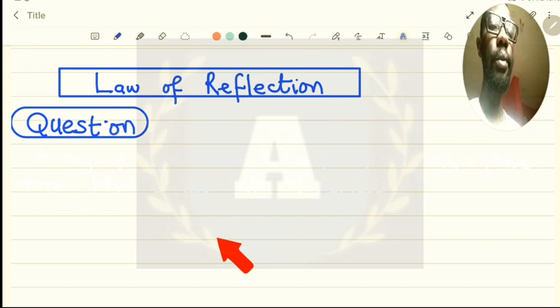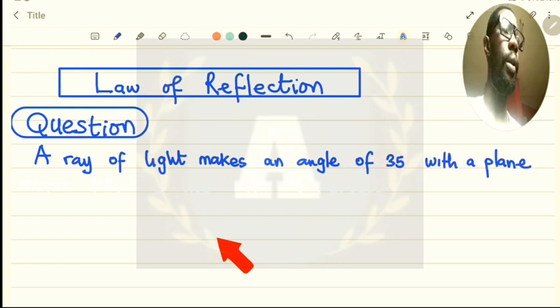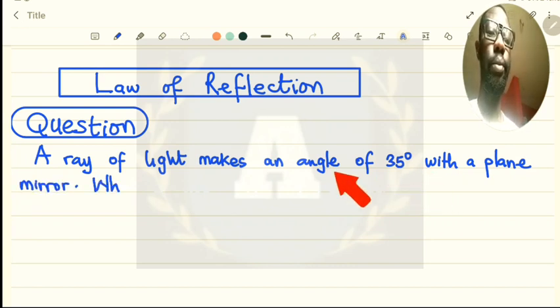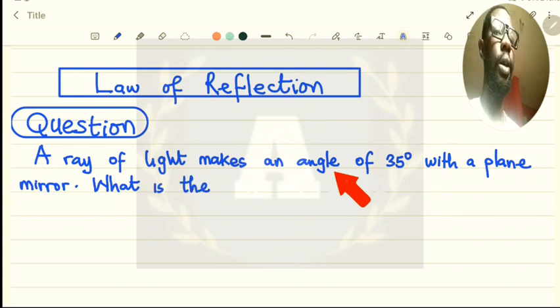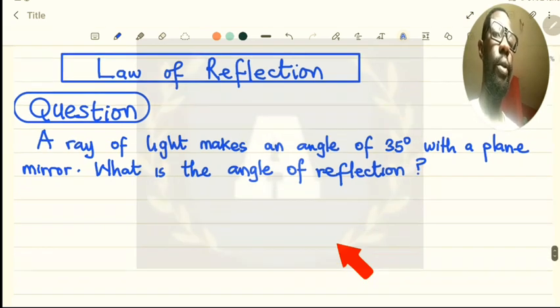Now, what does this question say? A ray of light makes an angle of 35 degrees with a plane mirror. What is the angle of reflection?